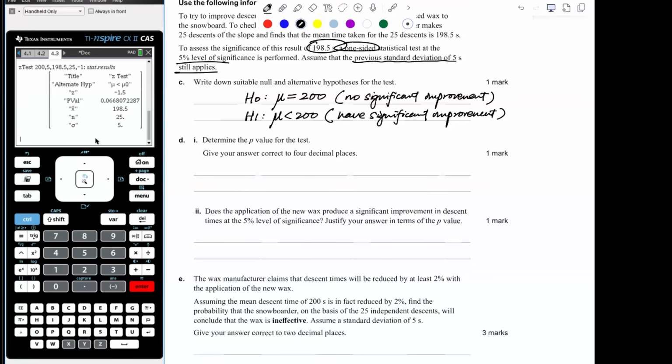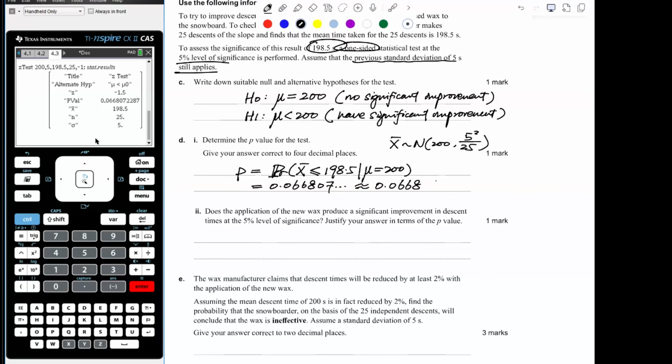So the p-value is the probability x bar less than or equal to 198.5 given mu equals 200, where x bar is normal distribution, like 200, 5 squared divided by 25, something along this line. To four decimal places, we say 0.0668, okay?